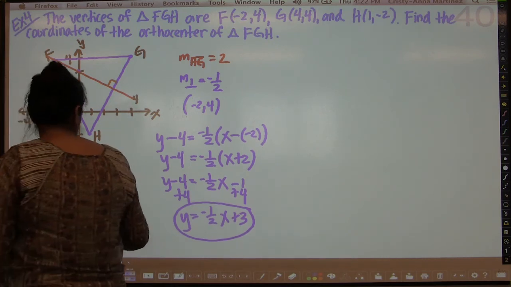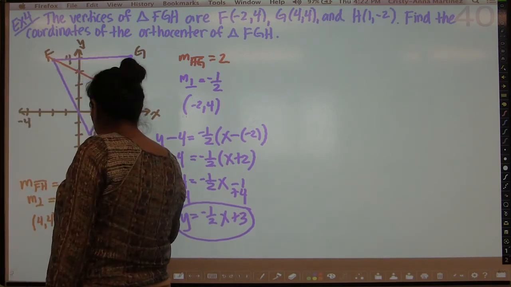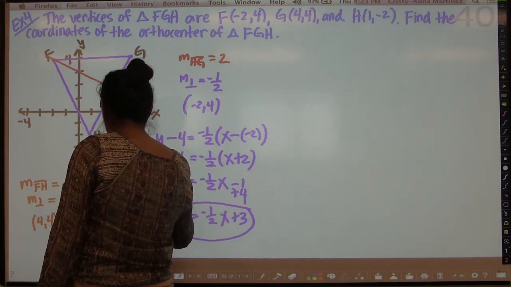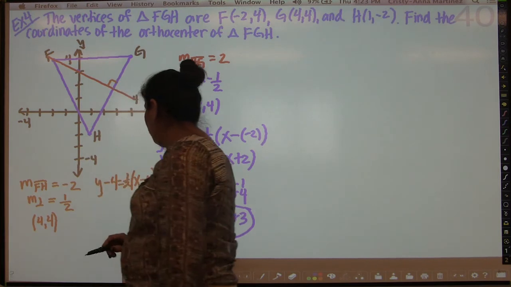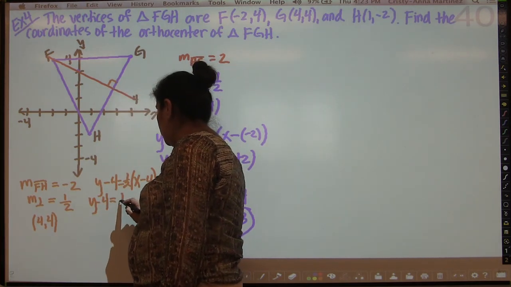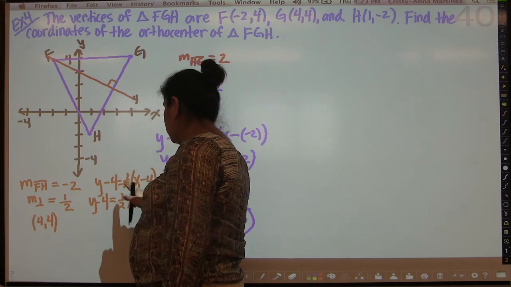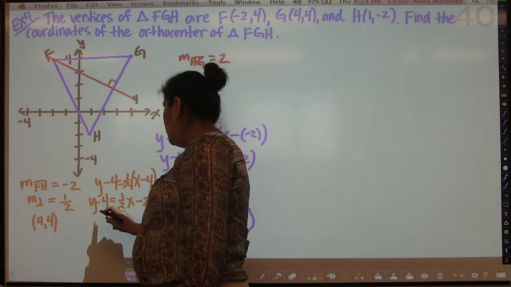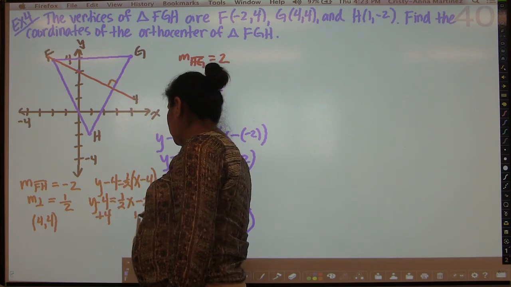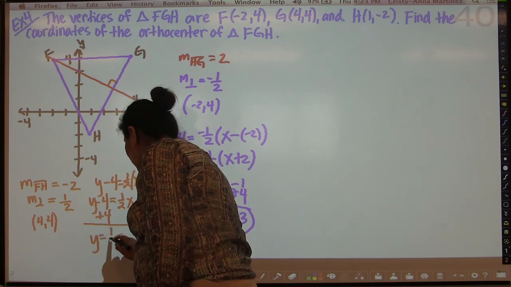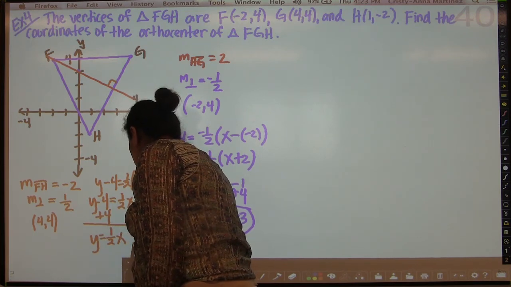And so here we go again. We're going to go y minus y1 equals m times x minus x1. I'm sorry for the crampedness here. Don't have a lot of space. Y minus 4 equals 1/2 x, so 1/2 times -4 is -2. Then we're going to add 4 to both sides. So I'm going to end up with y equals 1/2 x plus 2.